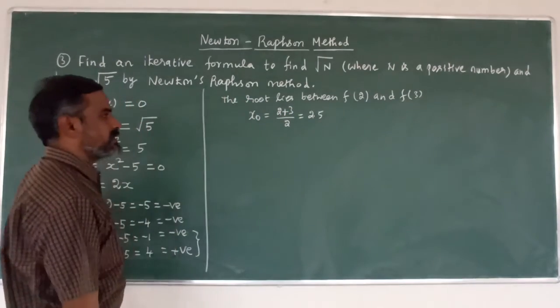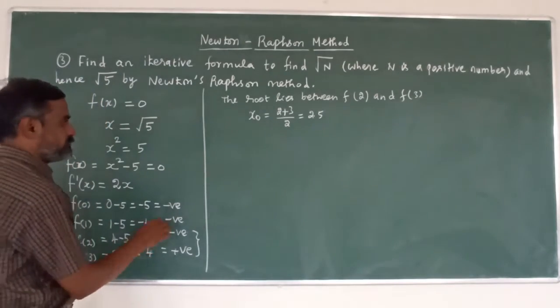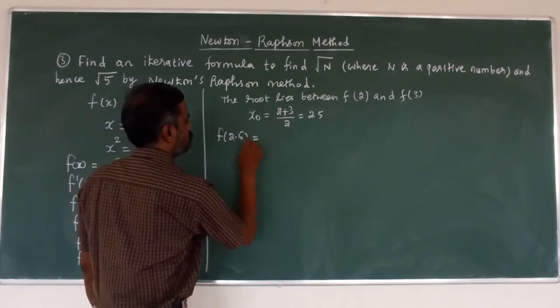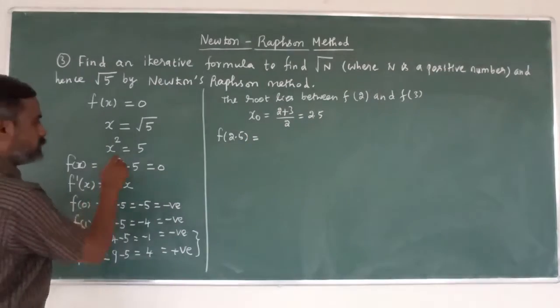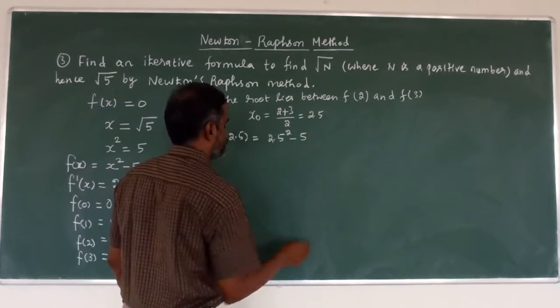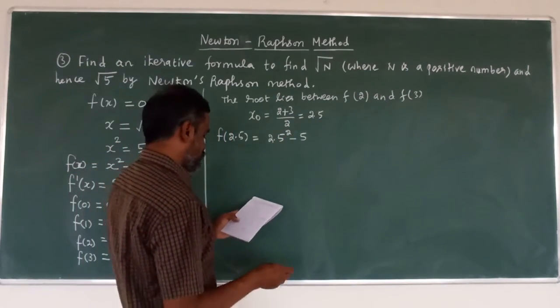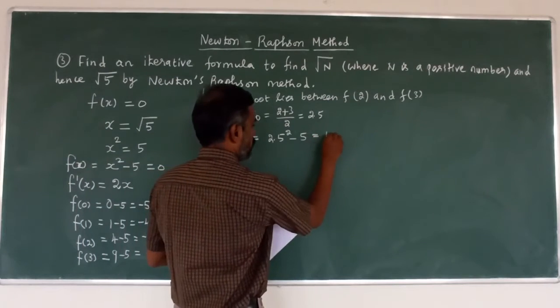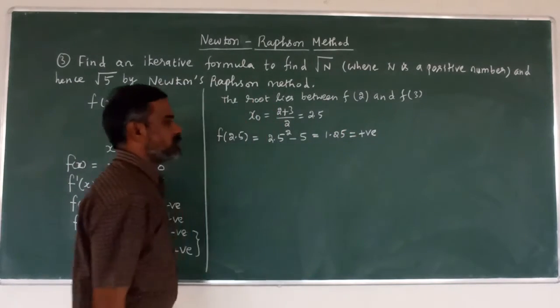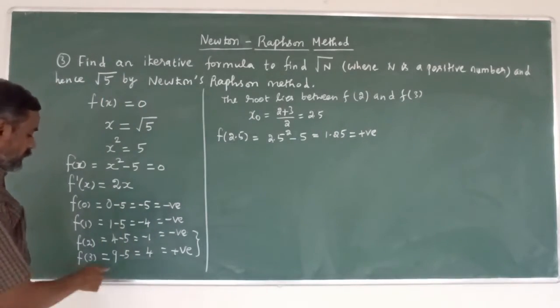Now to substitute the x naught value 2.5 in f of x: 2.5 square minus 5 equals 1.25. This is also a positive result.